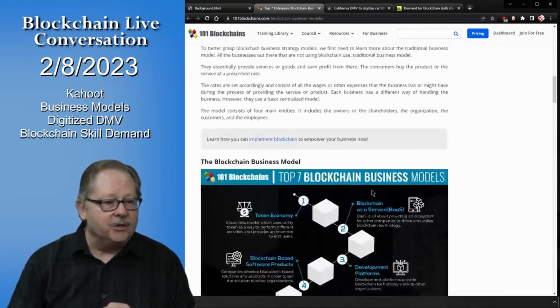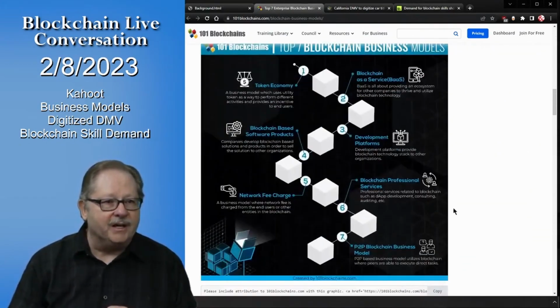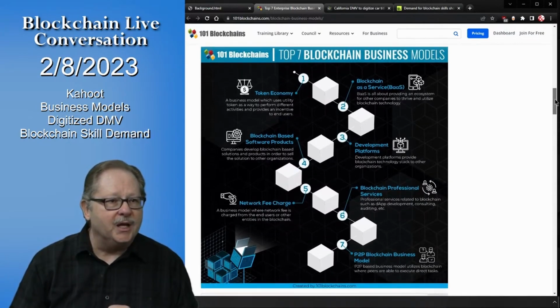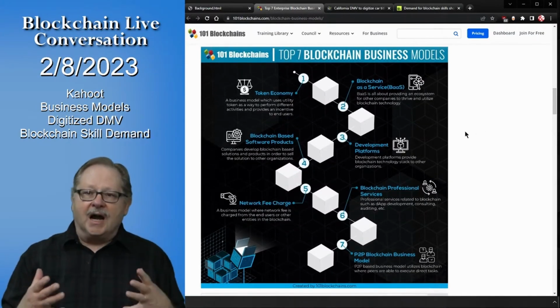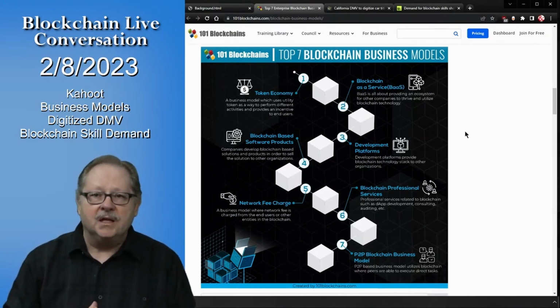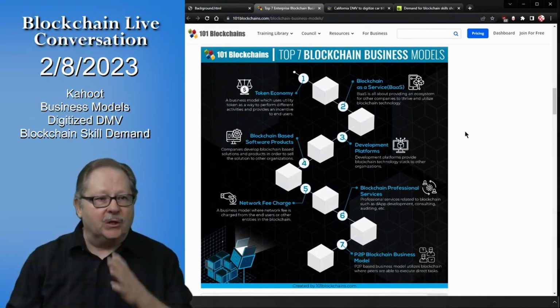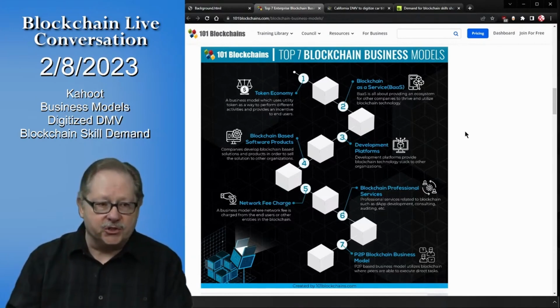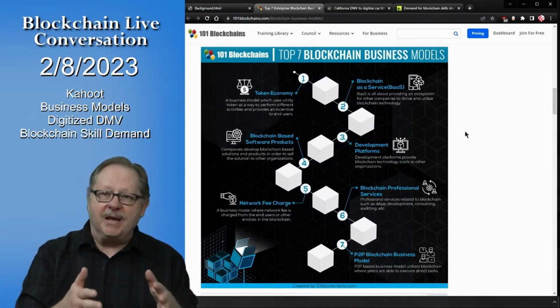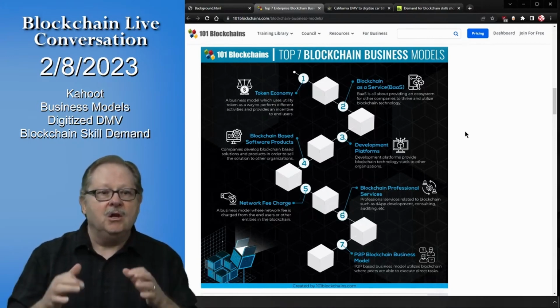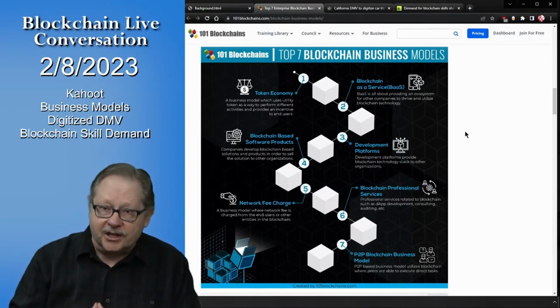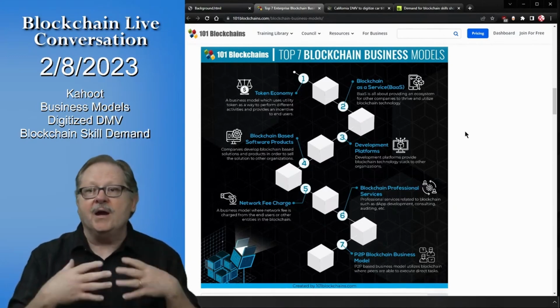And what we want to do is come down here. They've provided a very nice graphic here, and this graphic gives you an idea of the different kinds of blockchain models. And these different models, all the way from what they call a token economy, blockchain as a service, blockchain-based software products, development platforms, blockchain professional services, a network fee charge.